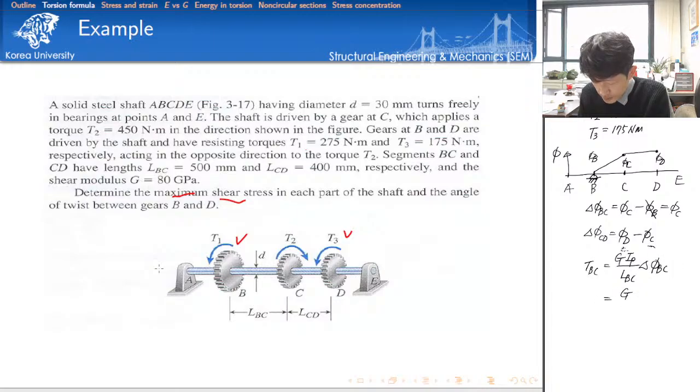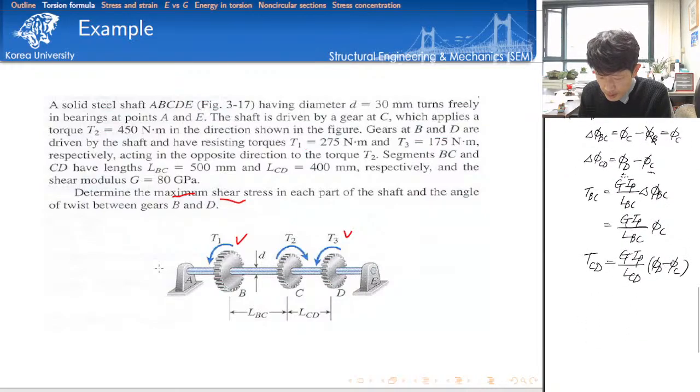This is equal to G IP over the length of BC segment times phi C. And the internal torsional moment of the CD segment is equal to G IP over the length of the CD segment times phi D minus phi C.